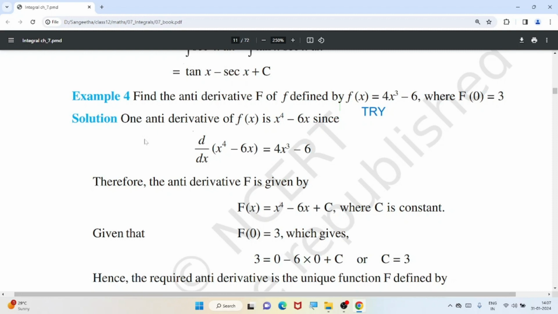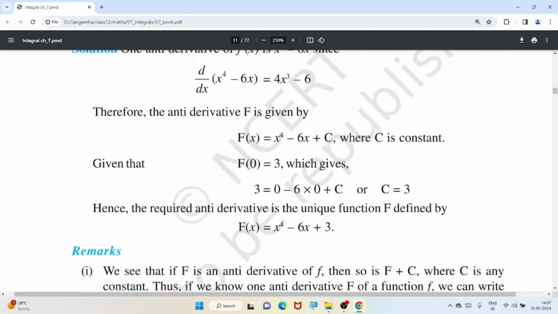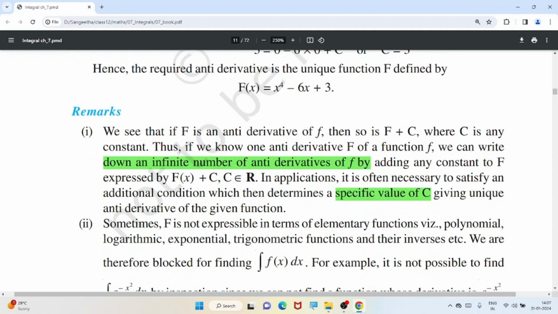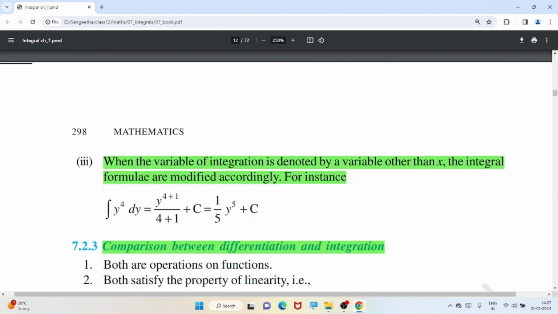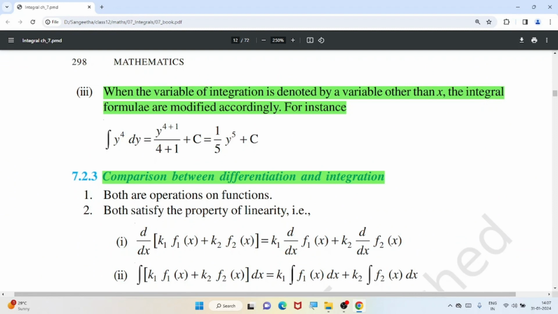F of 0 equal to 3. When the variable of integration is denoted by a variable other than x, the integral formulas are modified accordingly.